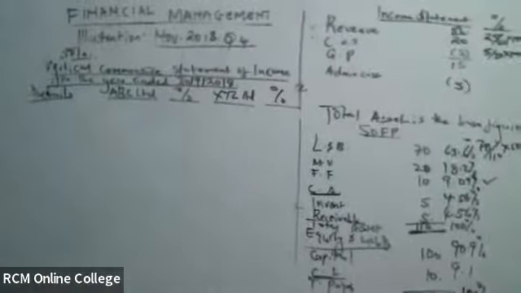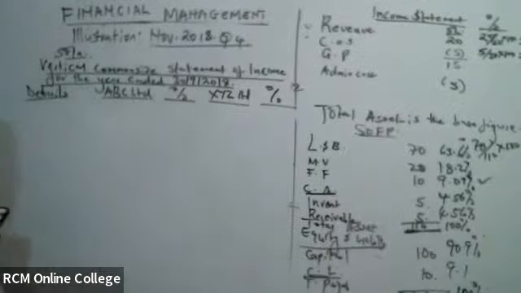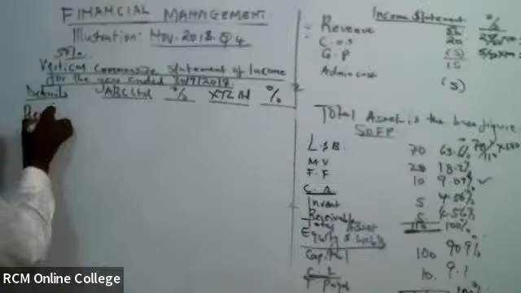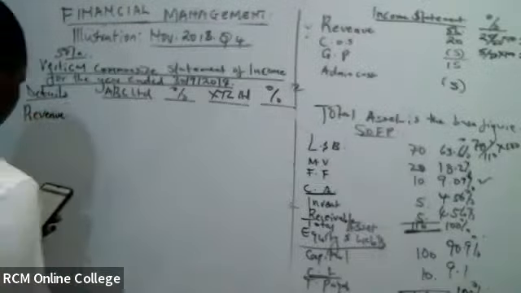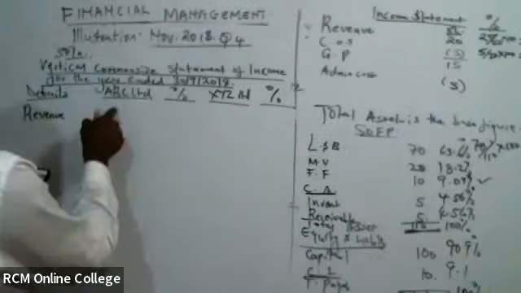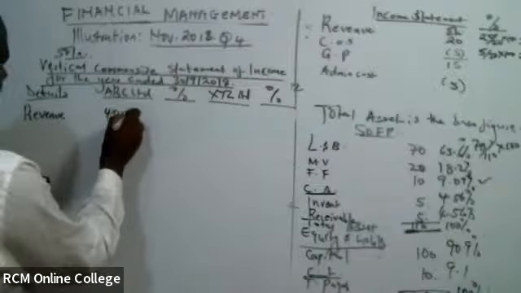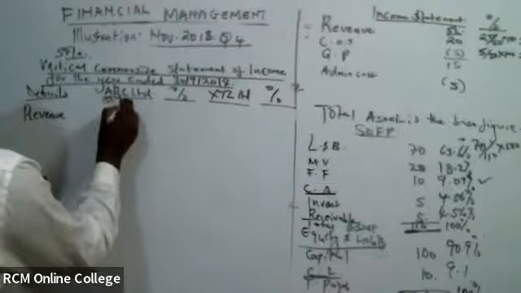So with that, you can have the first item, which is revenue, cutting across. The revenue for ABC Limited is 4,000. Of course, shillings are in million.